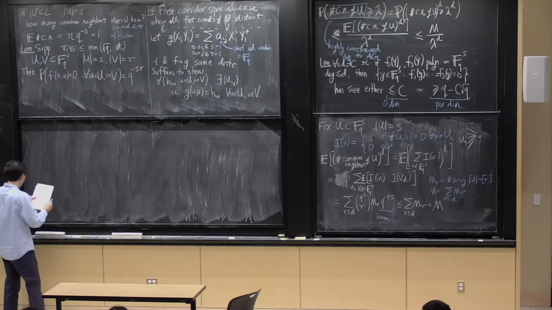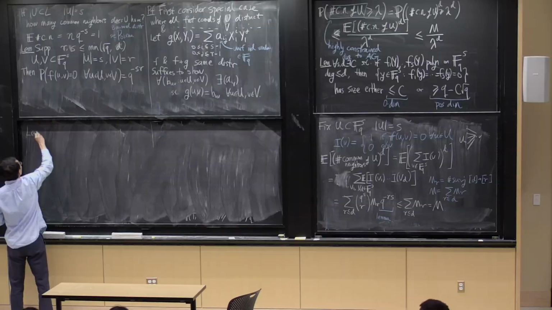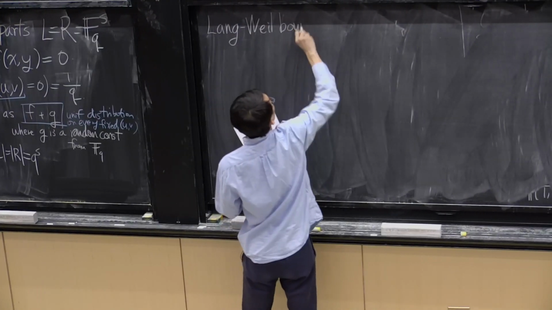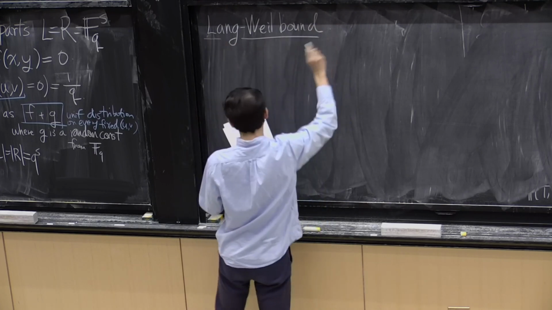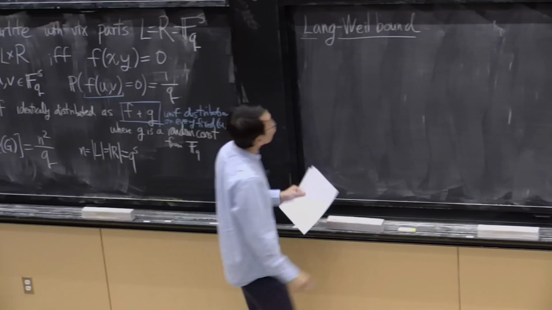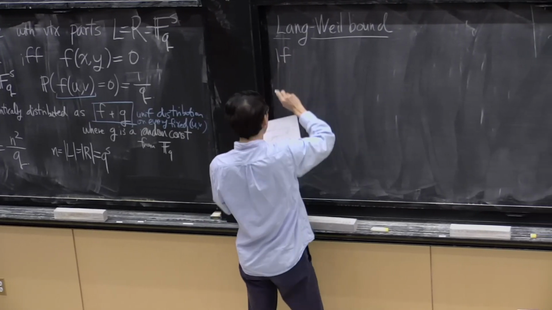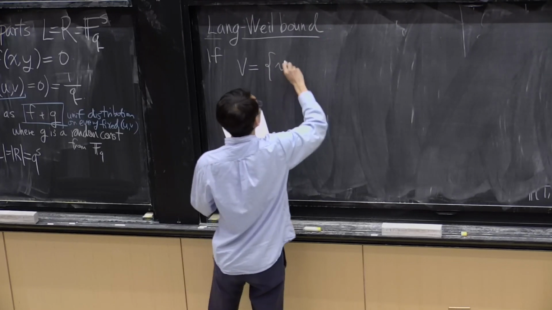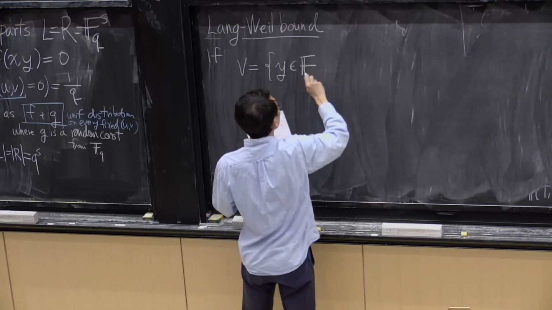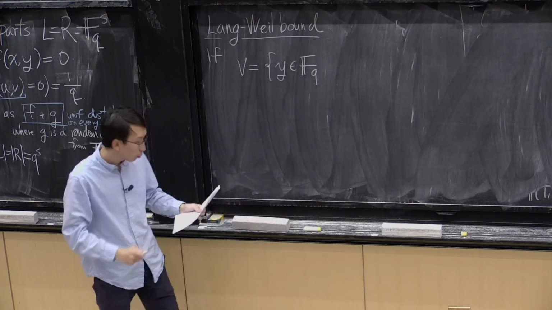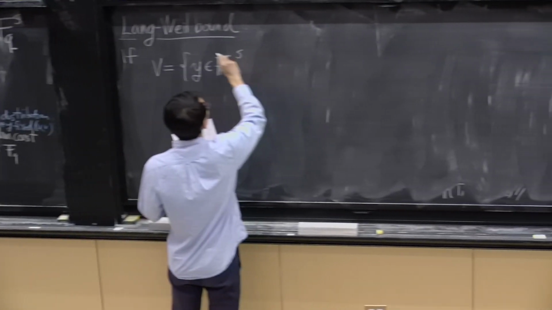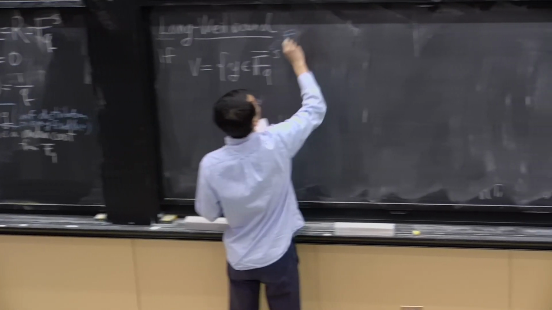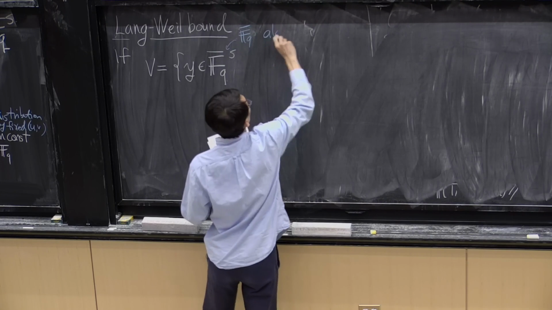And this is an important and famous theorem called the Lang-Weil bound. Okay, so the Lang-Weil bound tells you that if you have an algebraic variety, V, and for now, it is important in order to say this property to work in the algebraic closure. So F_q bar, that's the algebraic closure.